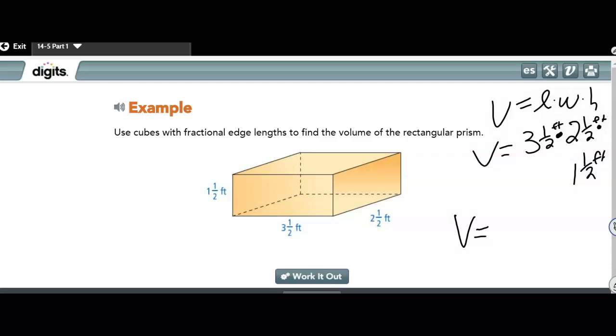All right, what do we get for an answer after we type in all 3 of those multiplied by each other into the calculator? We should get what, Caitlin? 13 1/8. Okay? Feet cubed.